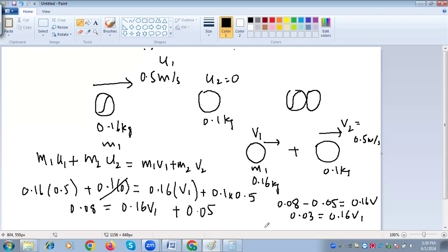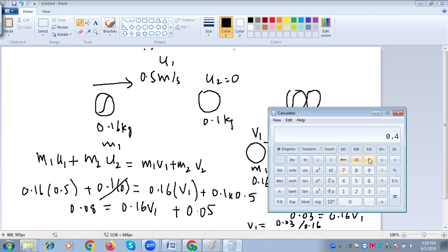The velocity with which the second ball moves off, V1, is equal to 0.03 over 0.16. 0.03 divided by 0.16.